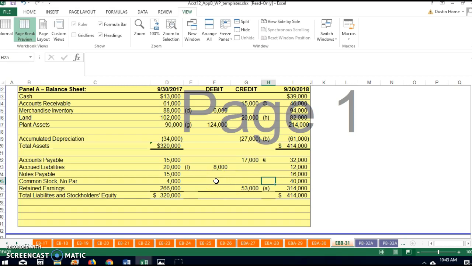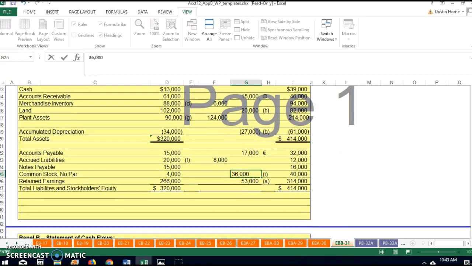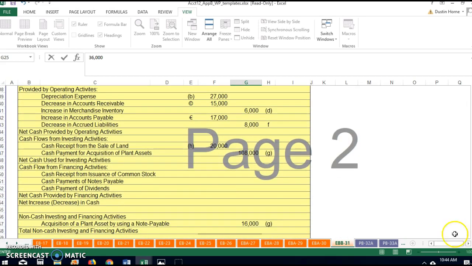Okay, so let's think about common stock for a second. Common stock is an equity account, so it's always a credit to increase it. So we will credit common stock for $36,000. Now when we issued the stock, we got cash. So that goes in our financing section. It's an increase to cash. It's a cash receipt. So it would go right here.